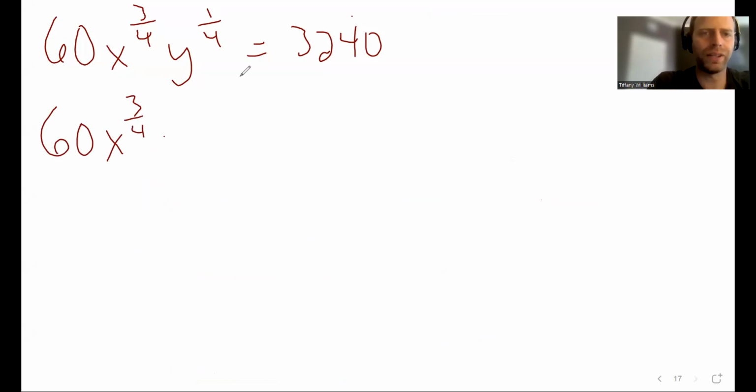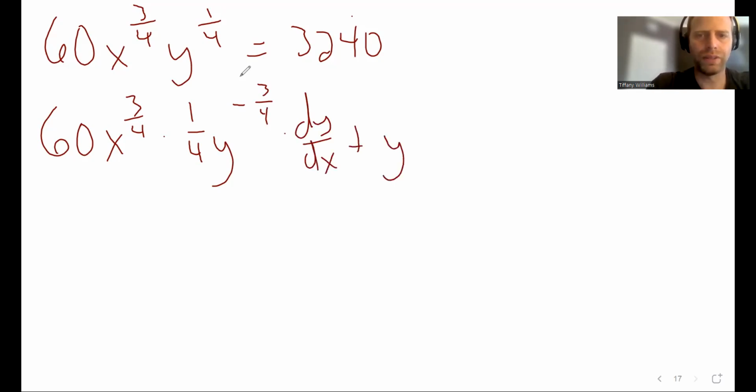So the derivative of y to the 1/4 will be 1/4 y to the negative 3/4 times dy dx, plus the second, which is y to the 1/4, times the derivative of the first. So it's going to be 60, or excuse me.